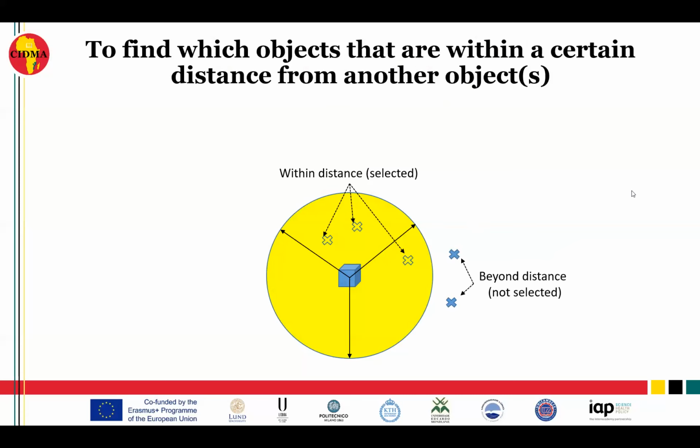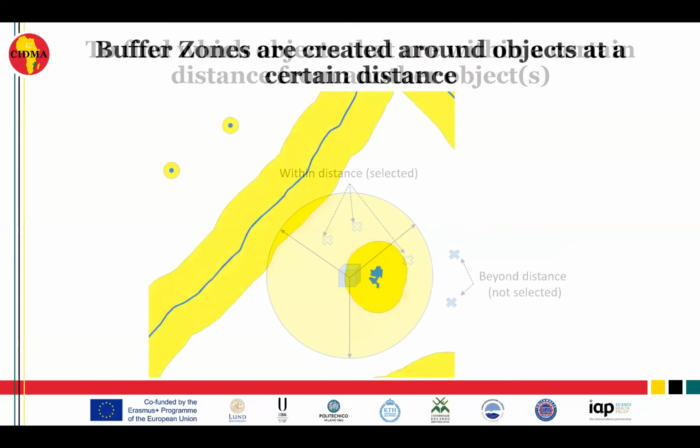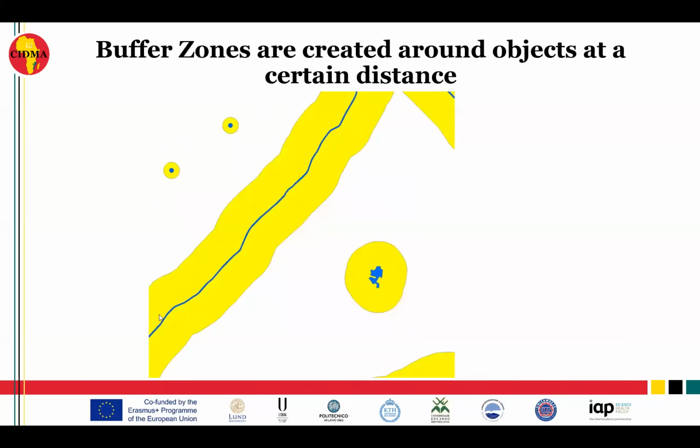How is this done in real life? Well, not in real life, in the computer. I'm sorry about that. If we can create a buffer zone, which we can in a GIS, then if this is a line, I can produce a buffer zone on each part of this line.